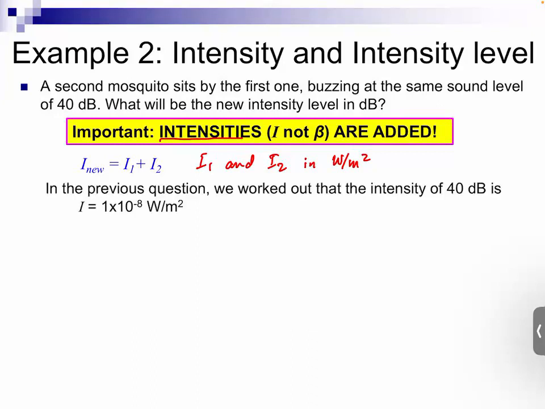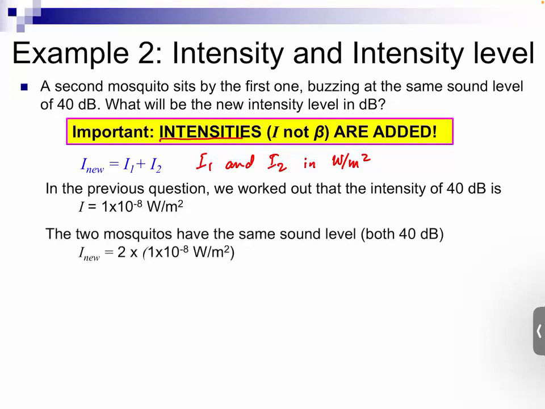In the previous question, we worked out that 40 decibels is 1 times 10 to the minus 8 watts per meter squared. So if two mosquitoes are buzzing at the same 40 decibels, the intensity should be 2 times the intensity for one mosquito.